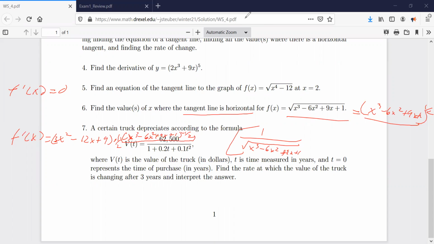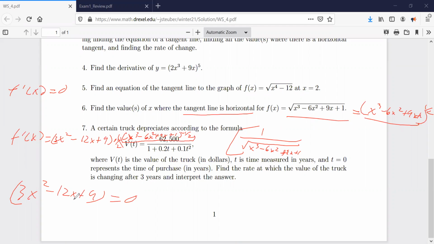Because the thing on top is just a 1, and you would need the bottom to be infinity, which you're never going to get for any real number. So we don't have to worry about this part when we're trying to find where f prime of x is equal to 0. Also, 1/2 isn't going to affect things. So what I really care about is when 3x squared minus 12x plus 9 is equal to 0.